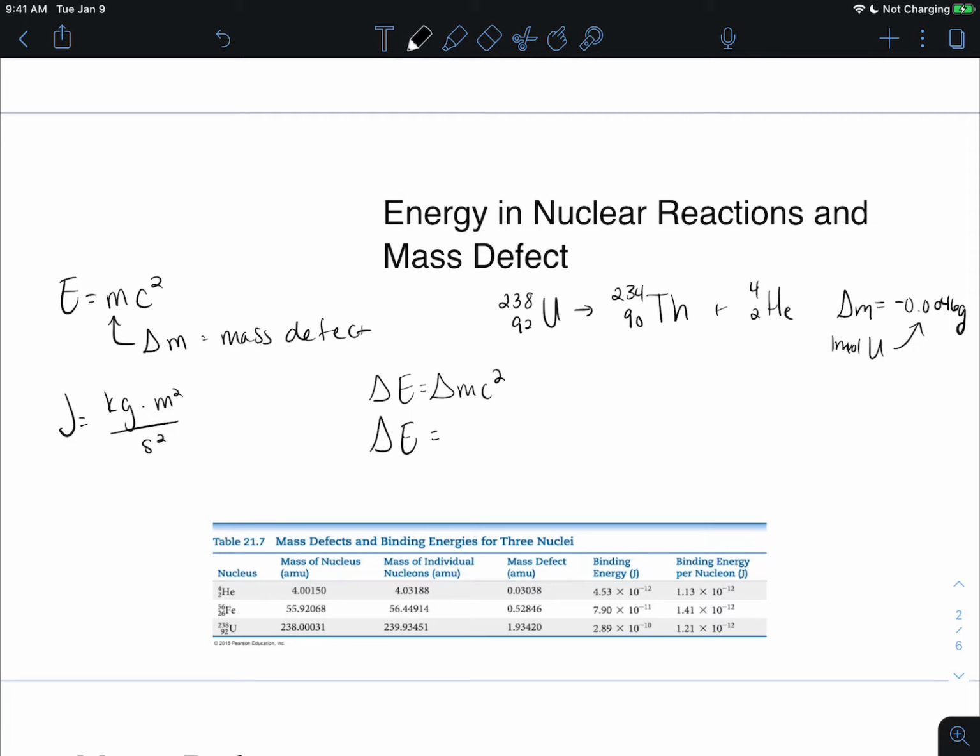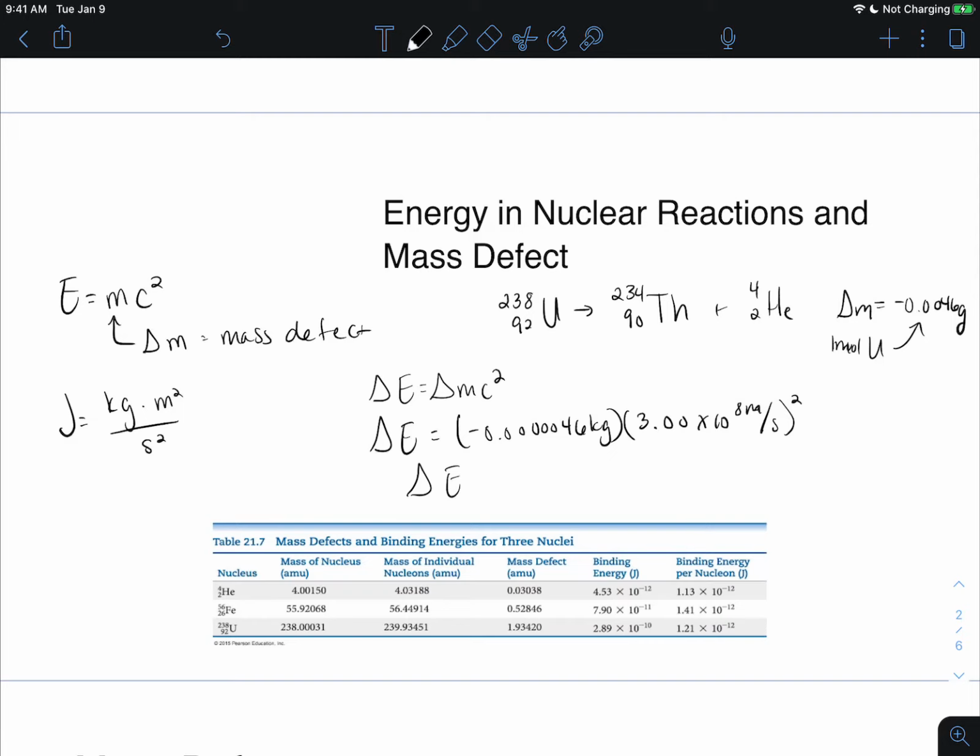So we want to have our mass in kilograms. So to put this from grams into kilograms, this gives us negative 0.000046 kilograms. So that is our mass defect. And then C is our speed of light, 3.00 times 10 to the 8 meters per second, and this is squared.